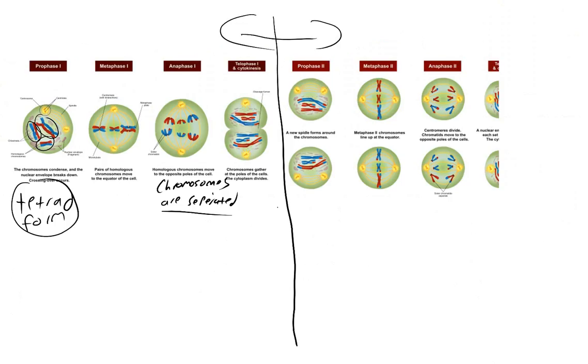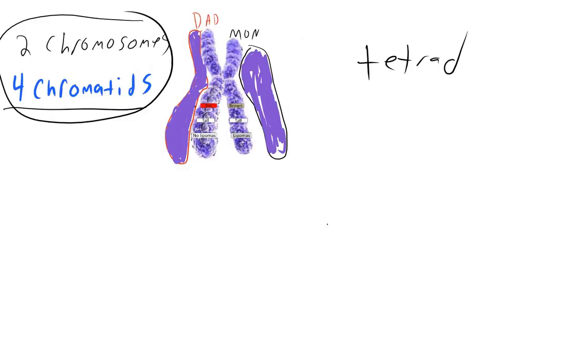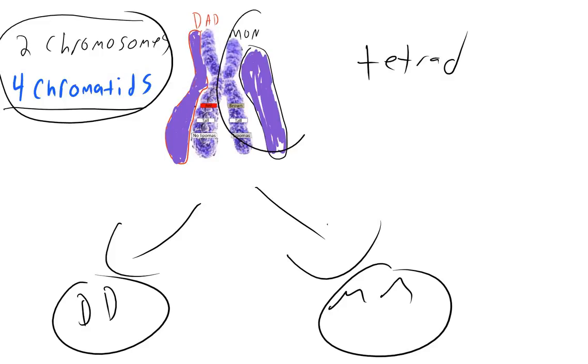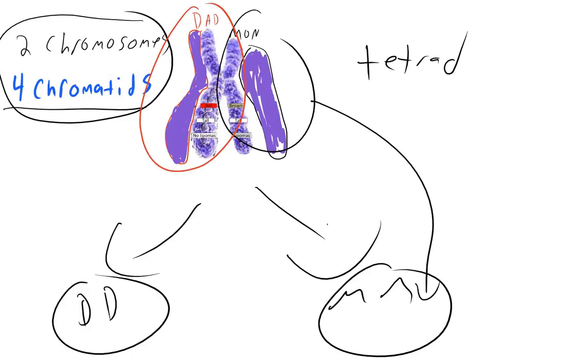Because if we look back here, it's not that one dad and one mom are going into each new cell. It's dad, dad, and then mom, mom. Both chromatids from this are going here. Let me make this as clear as possible. And then both of dad's chromatids can go in here.